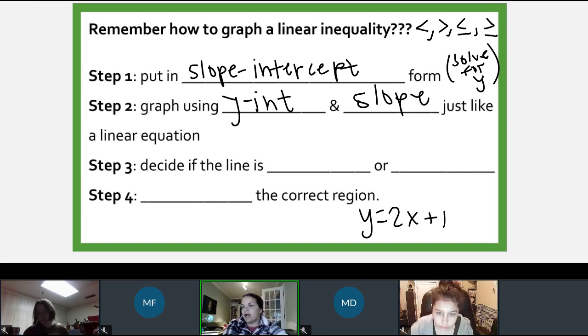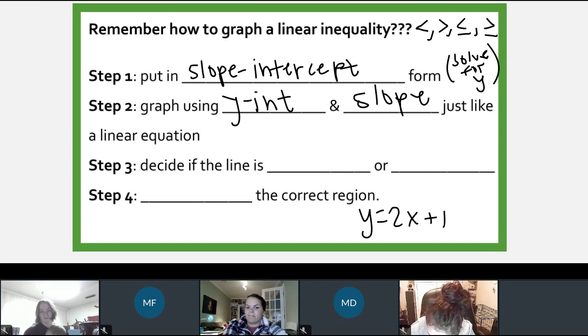Step 3, decide if the line is blank or blank. What do you think goes in that? Think about inequalities in our signs. We have less than or less than or equal to. What's the difference in those? Anybody?